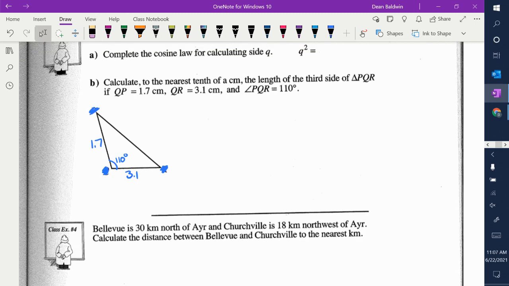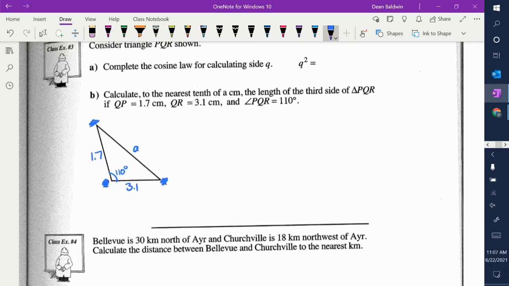So if I'm trying to solve this side over here, that is lowercase a, which means 110 is capital A. After that, it doesn't matter what you call it. What's B and C is irrelevant. So I'll just call this B and this C, which means this is little c and this is little b. Write out your formula. A squared equals.